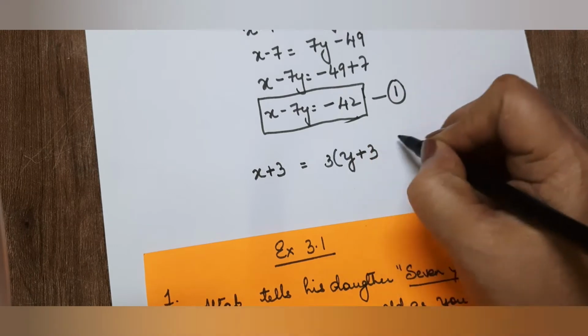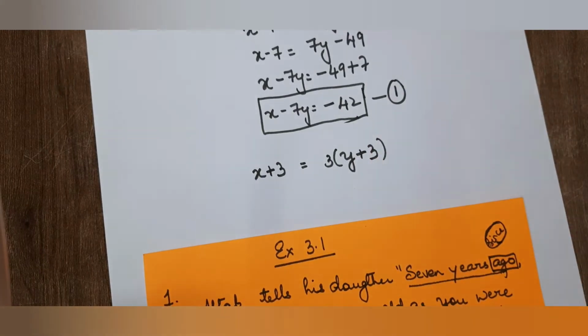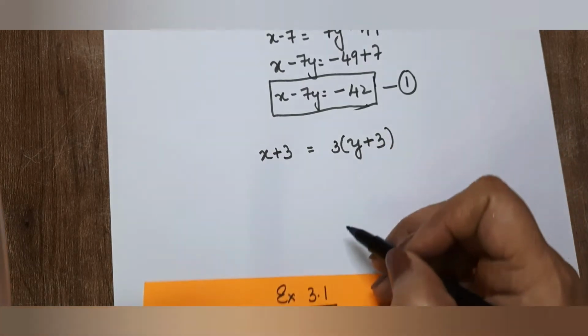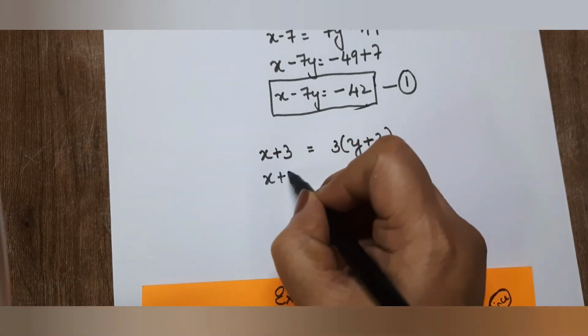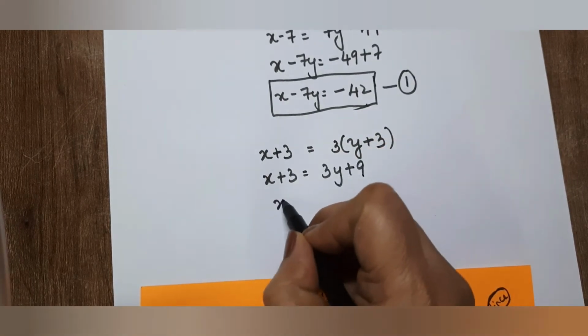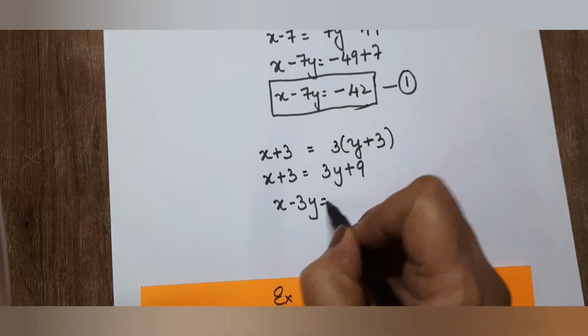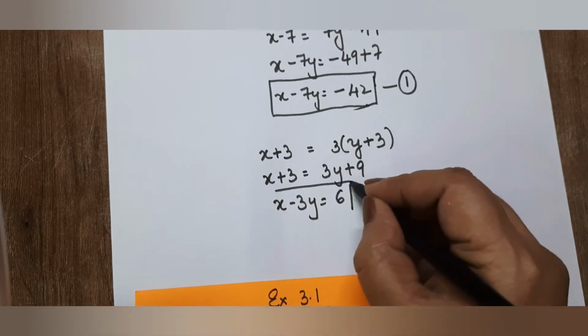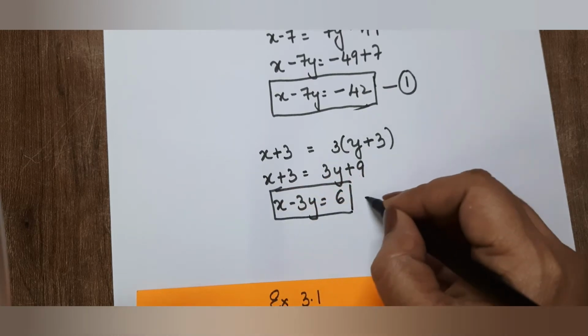If he says 3 more, it means addition. So go with the word given, times, thrice, multiplication will be there. Then x plus 3 is equal to 3y plus 9. Then x minus 3y equals 9 minus 3, that will be 6. This is our equation 2.